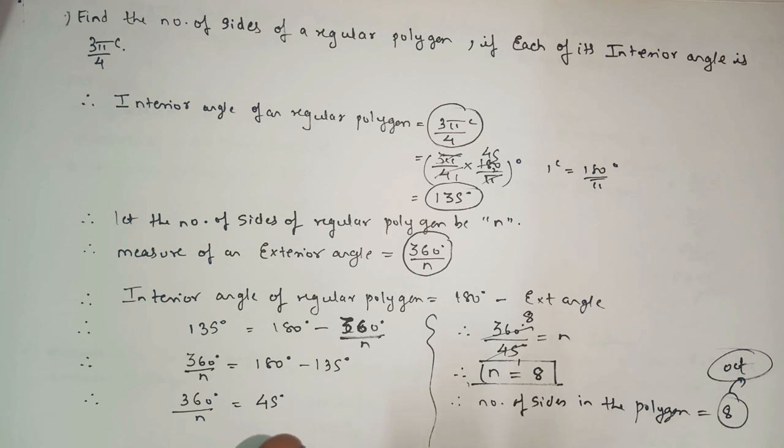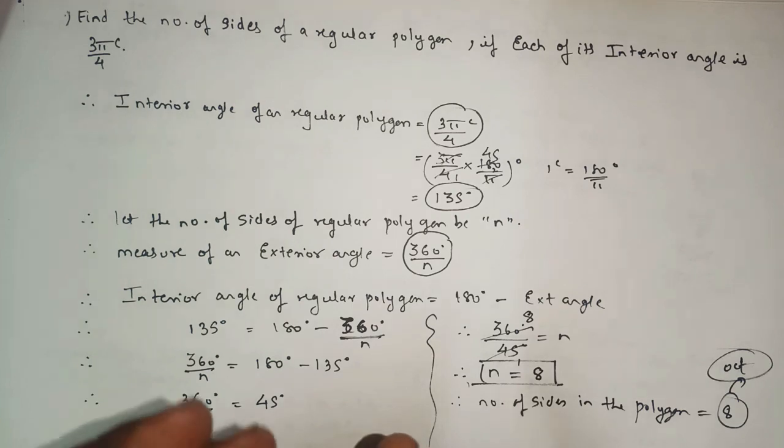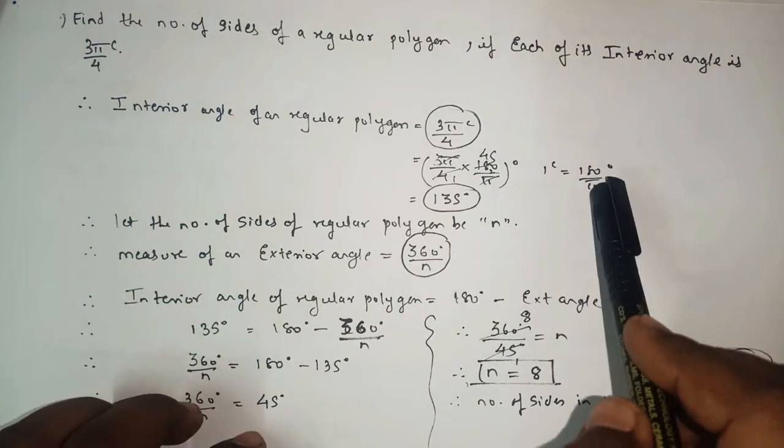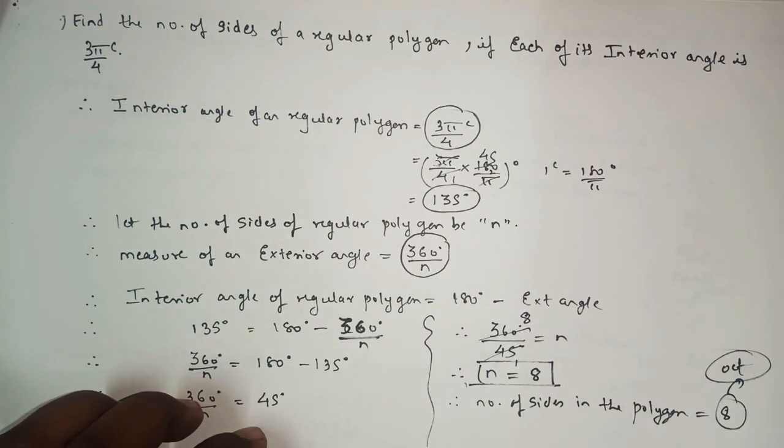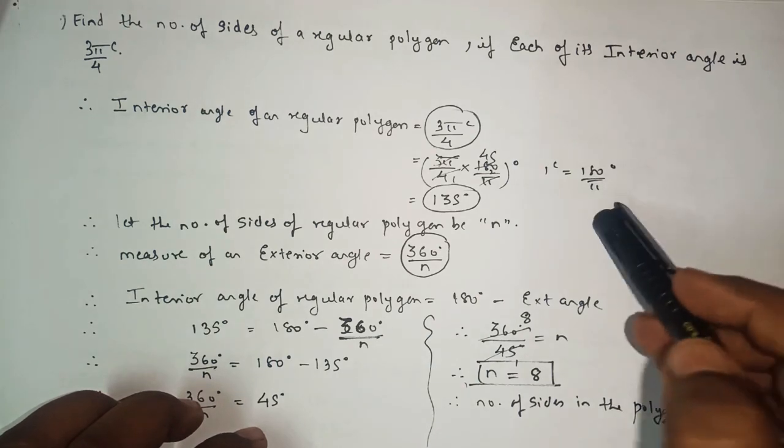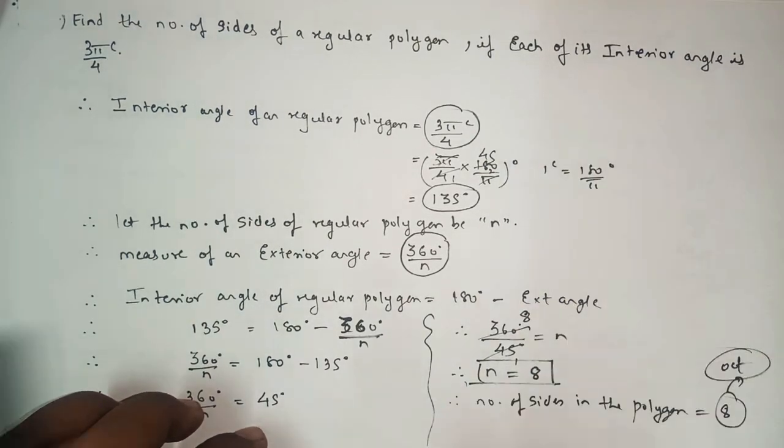Now we have covered the majority of the sums from the first exercise. Almost all the sums are covered, like how to convert degrees into radians, then how to express the angle in terms of degrees, radians and grades.